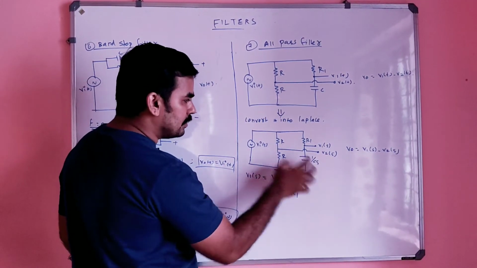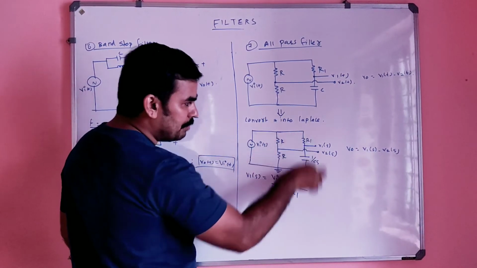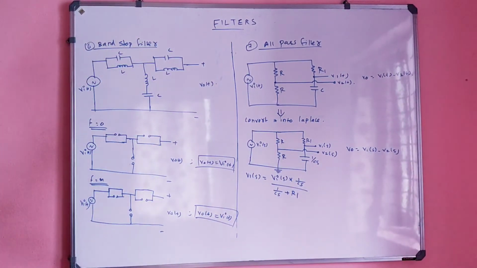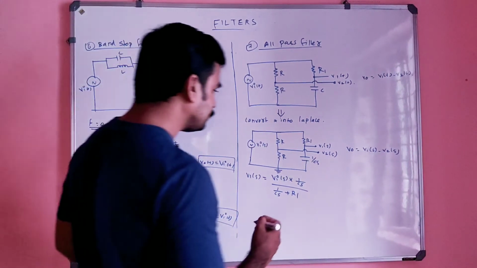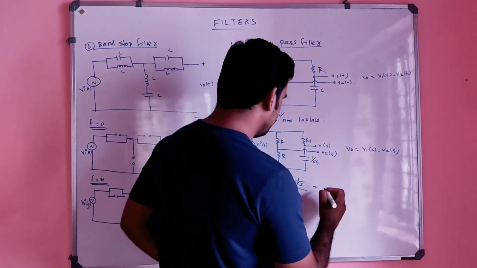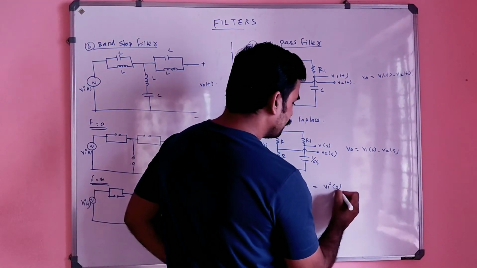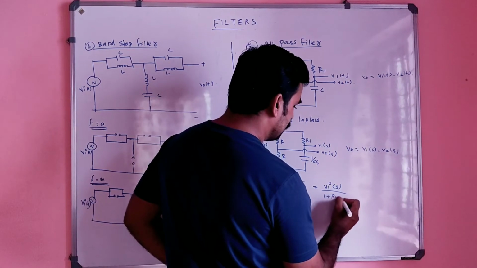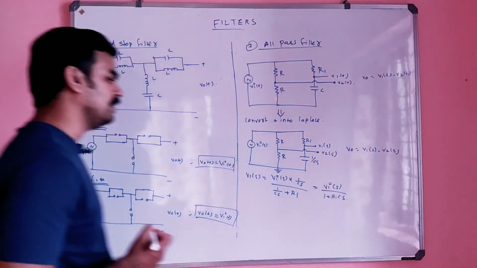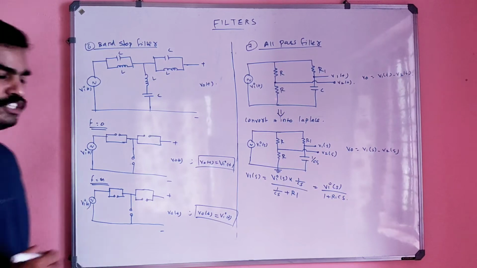That is VA of s into that impedance divided by total impedance. Total impedance means R1 plus 1 by Cs. If you take 1 by Cs outside, it will become 1 divided by 1 plus R1 Cs, correct? Already derived, right?